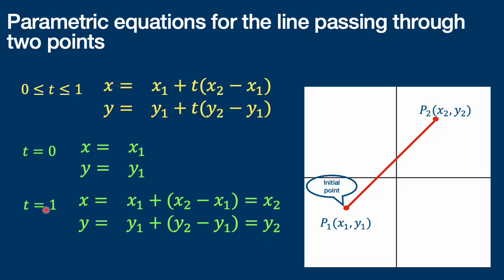T equal 1 represents P2, the terminal point. This is the general way to write the parametric equation for the line passing through the 2 points. So t is going to be 0 to 1. x equal x1 plus t(x2 minus x1), y equal y1 plus t(y2 minus y1).